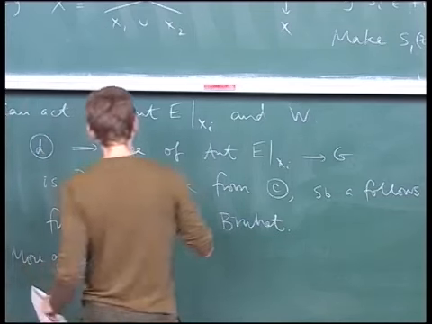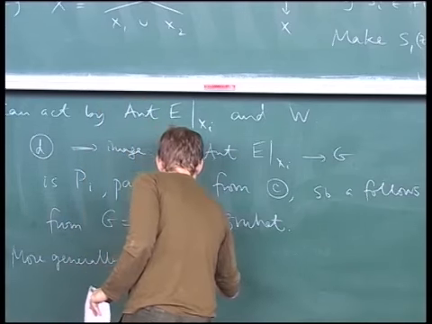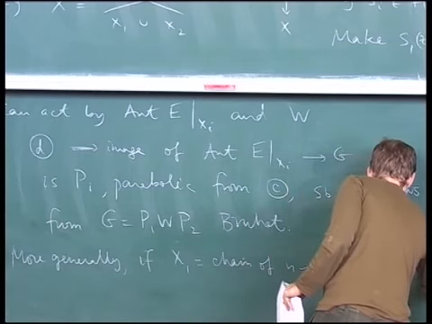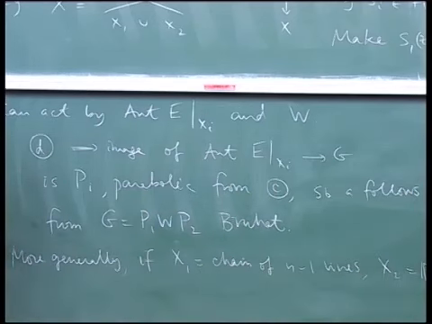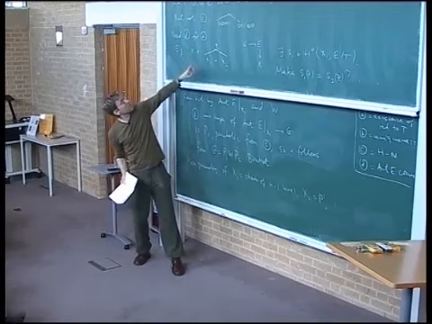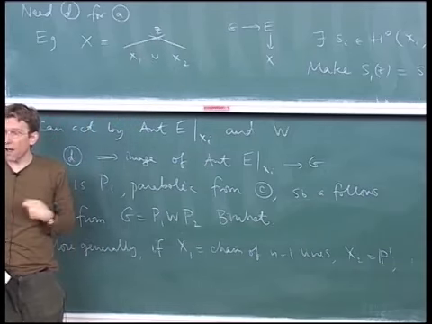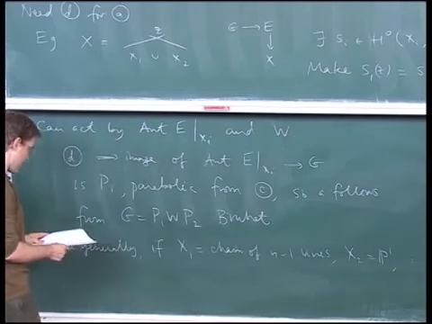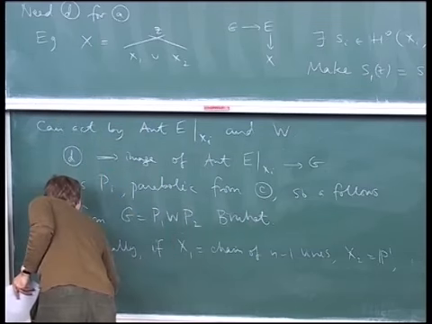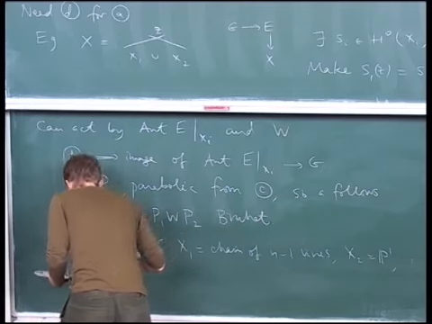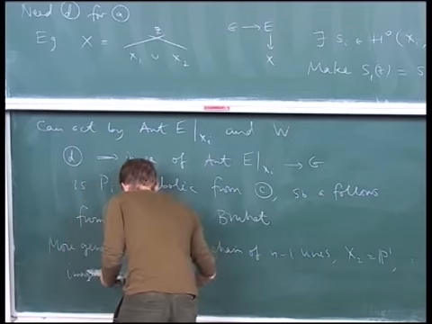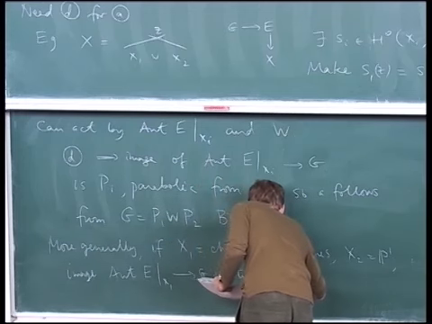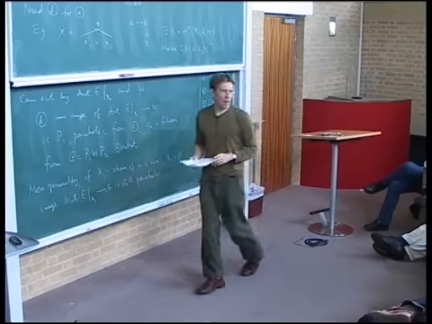More generally, if I try to work by induction, so if X_n is a chain of n minus 1 lines, and X_2 is P1, and I proceed by induction, then because of this example, I no longer have a Harder-Narasimhan reduction on X_1. Nevertheless, I can still prove that this image is a parabolic, by a sort of tie-breaking argument.